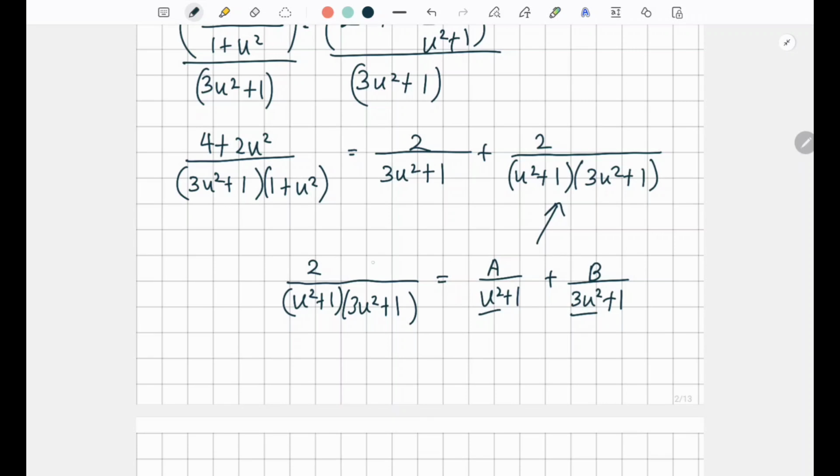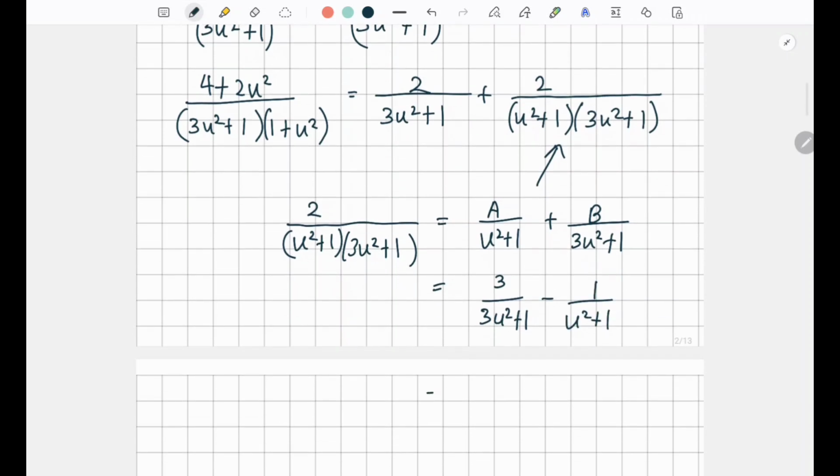So therefore you need to know that the u squared terms need to cancel off, and we need to get 2 as the numerator. So what you could do is, if I put 3 for b and I put -1 for a, now you can see if you find the common denominator, and if you solve this, you'll have 3u squared plus 3 minus (3u squared plus 1) in your numerator, and (3u squared plus 1)(u squared plus 1) in your denominator.